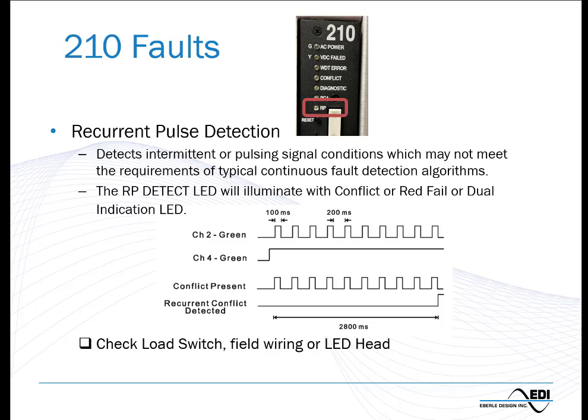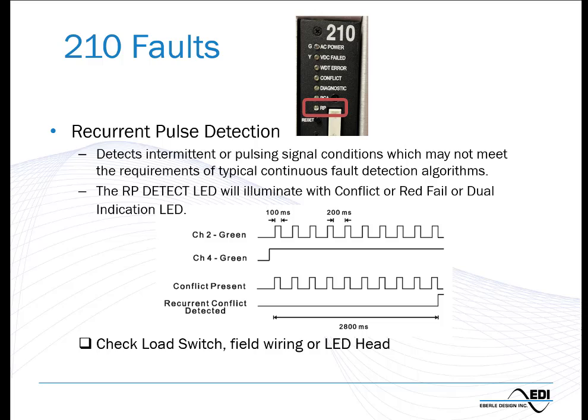A recurring pulse is where we have an output on the yellow or green that's not standard, meaning that it's not on or it's not blinking correctly. These faults look for imperfections on the line that goes to the LED heads to make sure that we have a good and steady display.